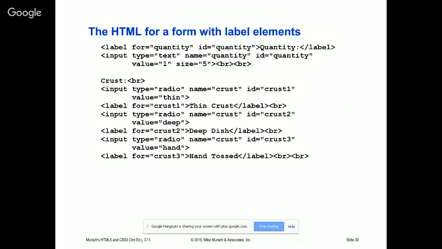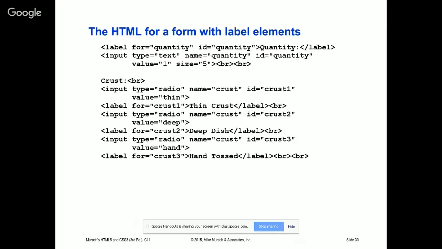Okay, the label can be used with the for attribute, and then you connect the field with the label with the for. So if you say for quantity, I believe it's the ID, it's going to pick up the input field with a particular ID that matches.